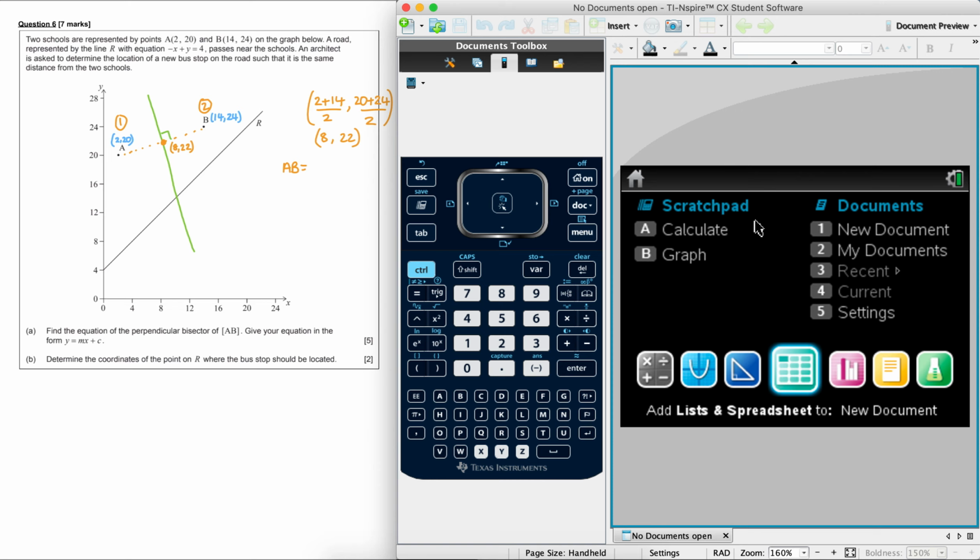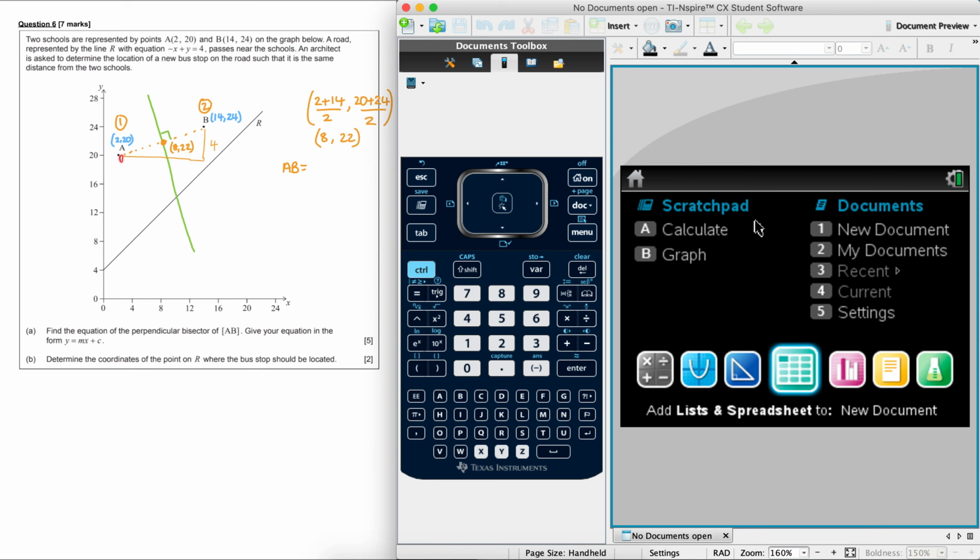Or you might prefer to just think of this in terms of Pythagoras, or a right-angled triangle, and the rise, if you like, the change in y goes from 20 up to 24. So from 20 up to 24, which is therefore an increase of 4.